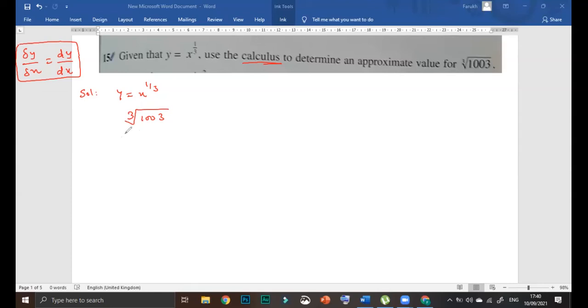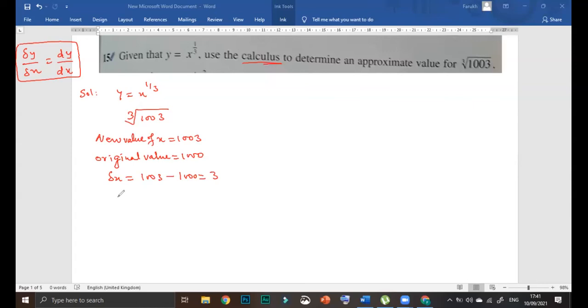Now the new value of x is 1003, and the original value which gives you the exact answer is 1000. Now del x is new value minus original value, which is equal to 3.